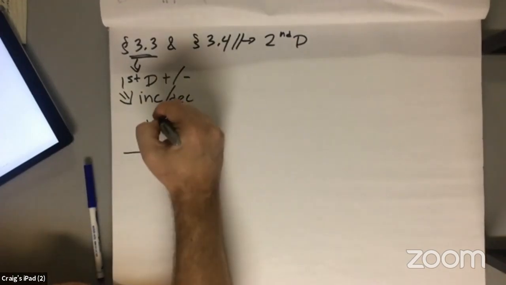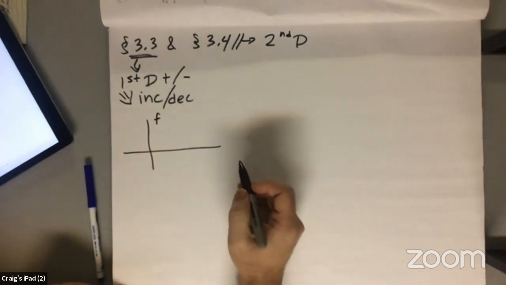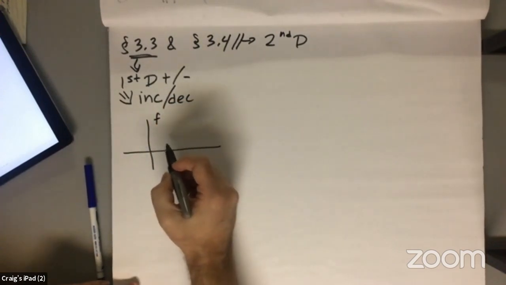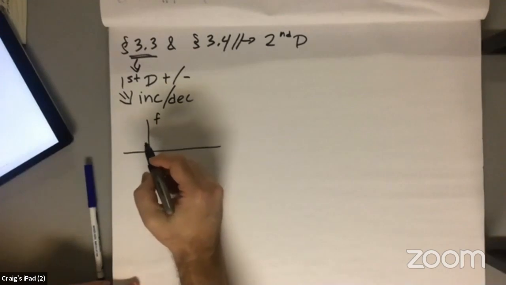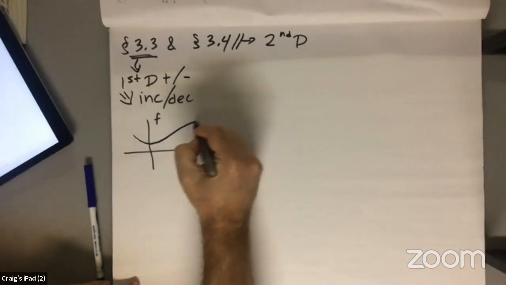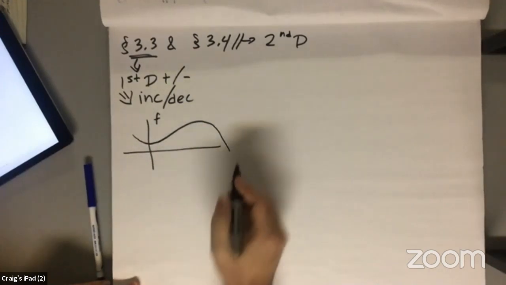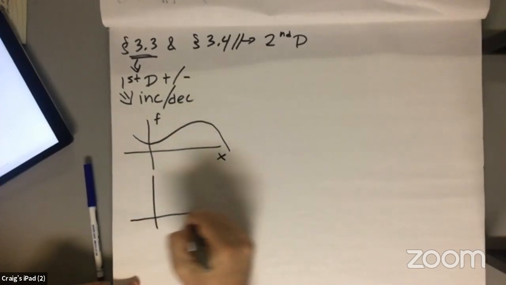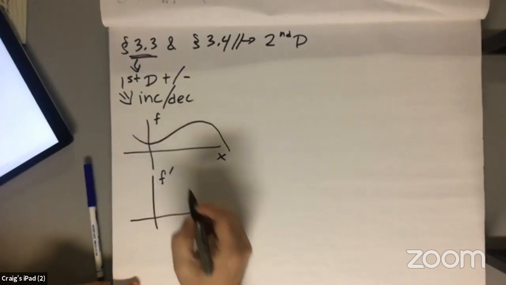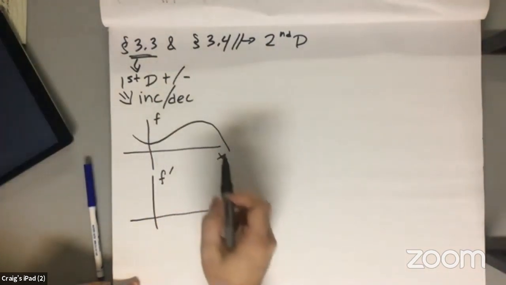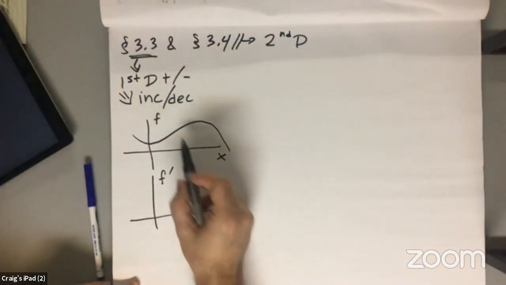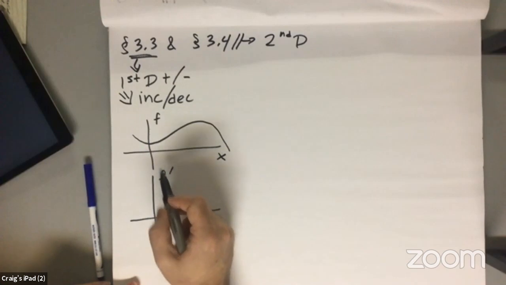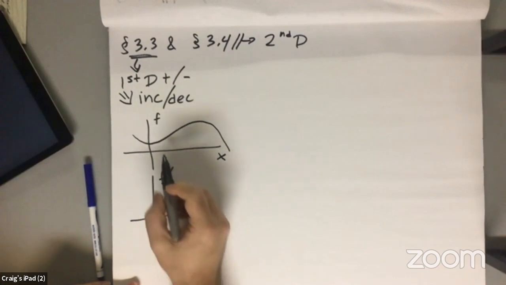If your function looks like this, if this is my x and this is f, then my first derivative tells you where the function is increasing or decreasing, because where the first derivative is positive or negative. So the first derivative is the slope of the tangent line.